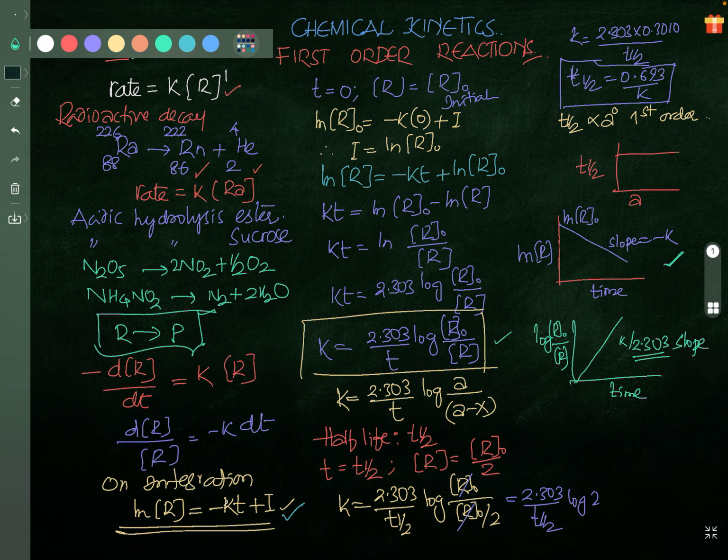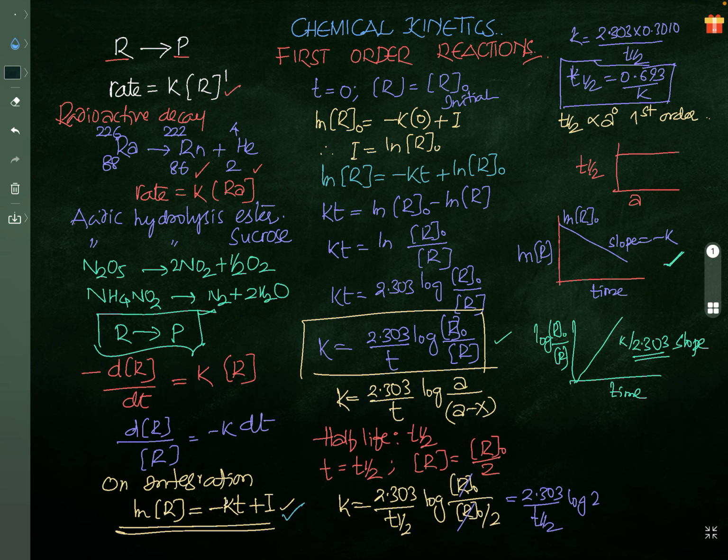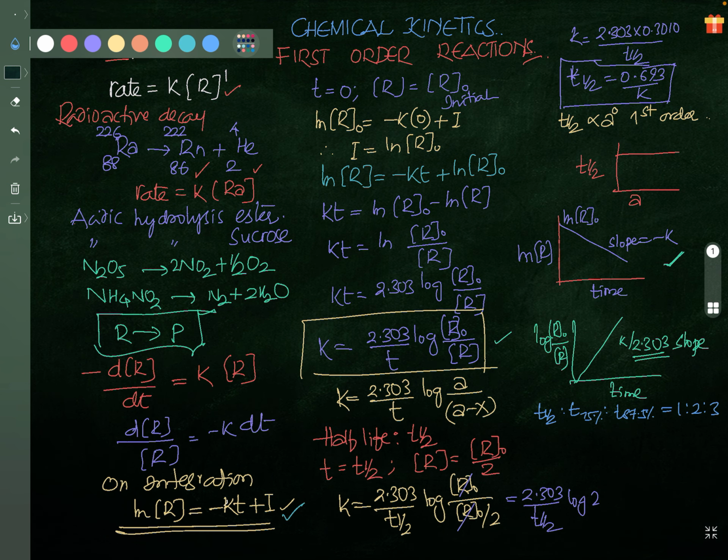One more line I will convey and I will complete this. T half means t 50%, 75%, 87.5%, that is 1:2:3. Quite interesting.